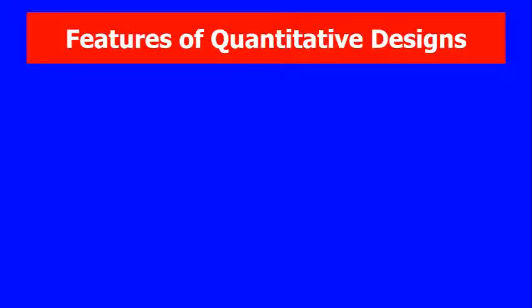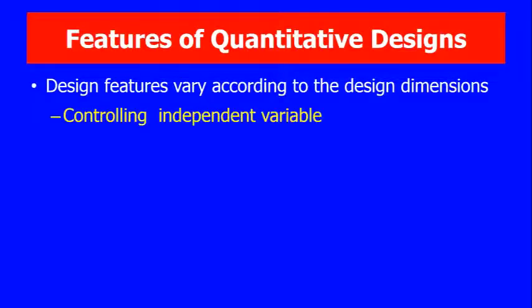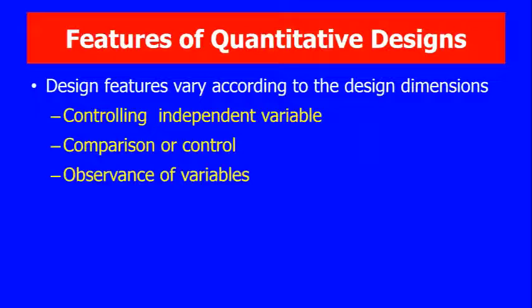Let us just wrap up the features of quantitative design. Design features vary according to the design dimensions. Controlling the independent variable means it is interventional. So whenever you control the independent variable, this is called interventional. If you have a comparison or control, this is a controlled study.